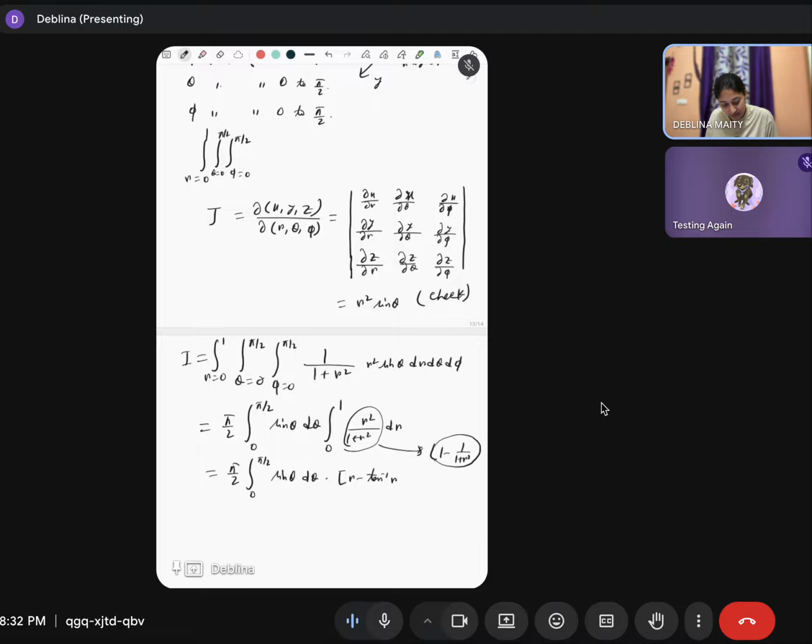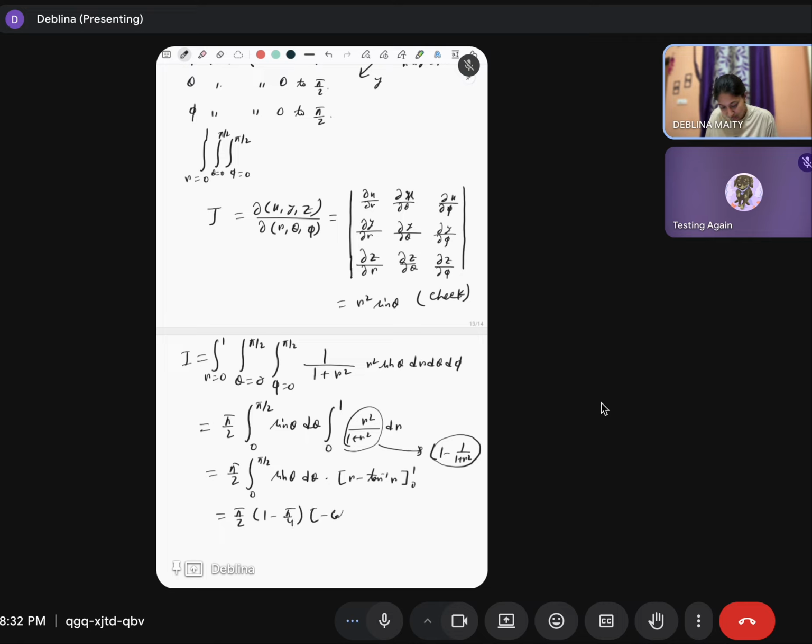And then it is r minus tan inverse r, from 1 to 0. It's pi by 2. This is 1 minus tan inverse 1, which is pi by 4.